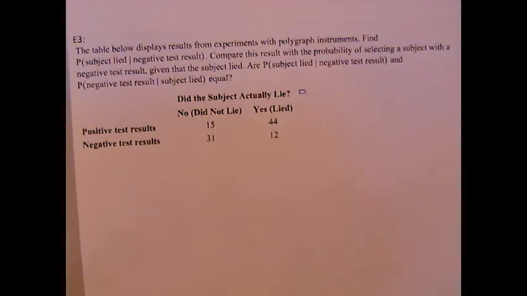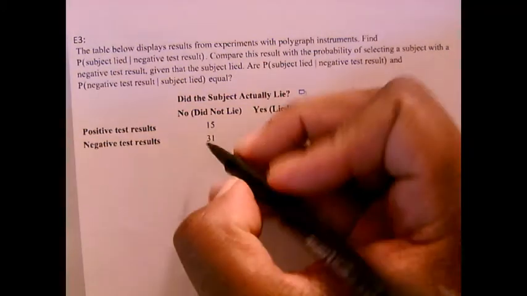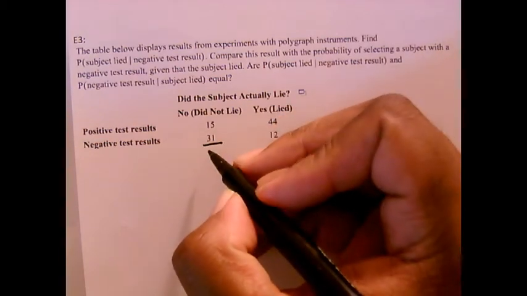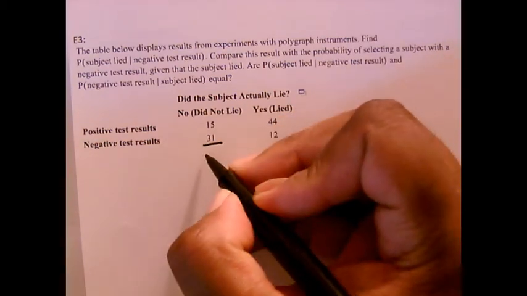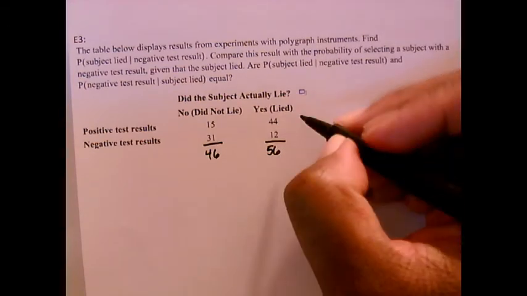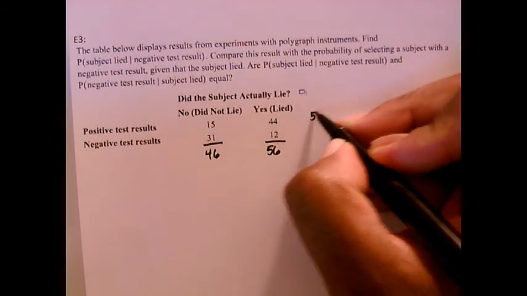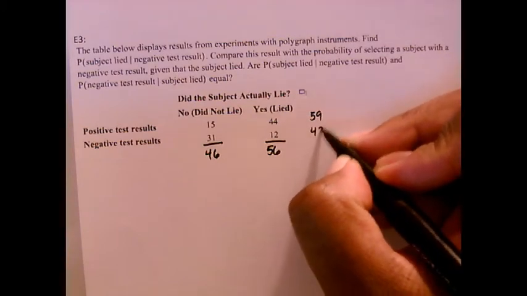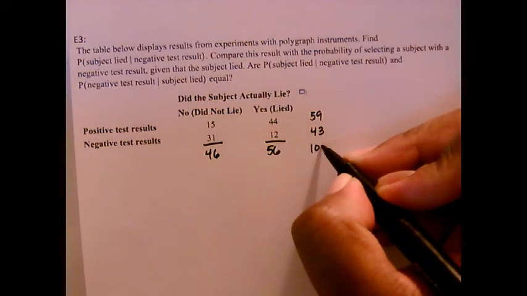Okay, so let's start with this. Okay, let me add the columns up and rows up. 46, 56, 59, 43, and the grand total is 102.